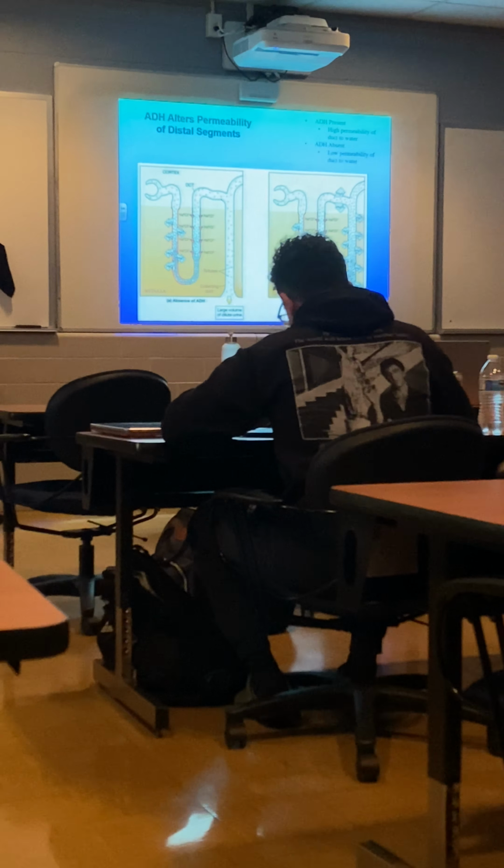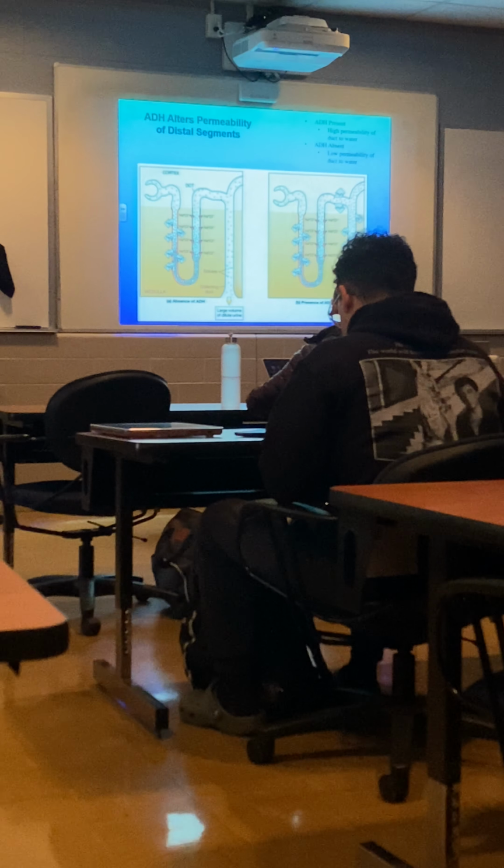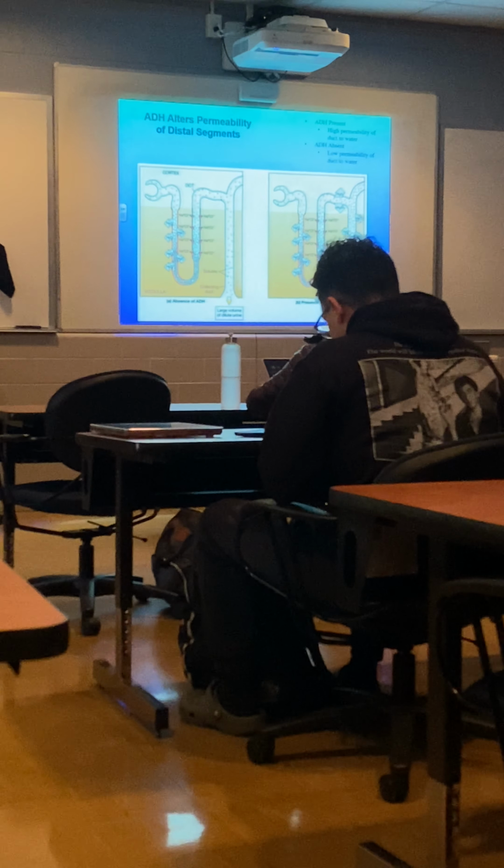We have two depictions of the nephron here, one in the presence of ADH, the other in the absence of ADH. Let's take a look at the operation of the nephron in the absence of ADH. You're not producing antidiuretic hormone. That should result in a state of diuresis. You should be losing fluids. So let's see what happens.